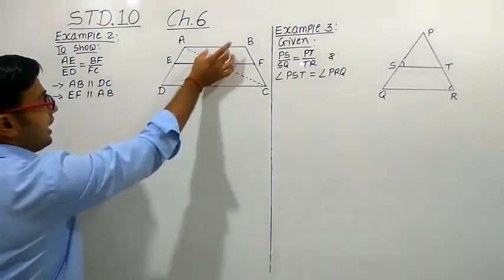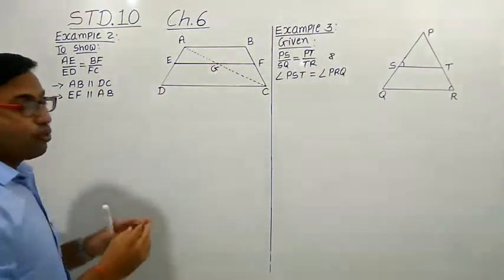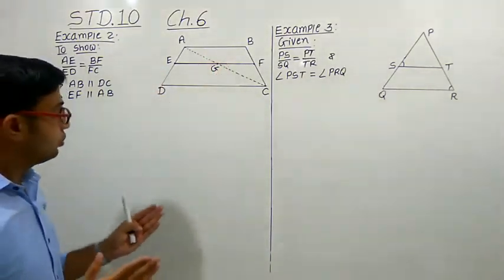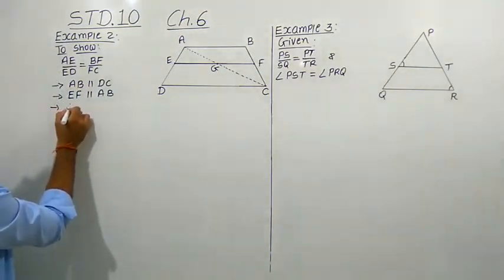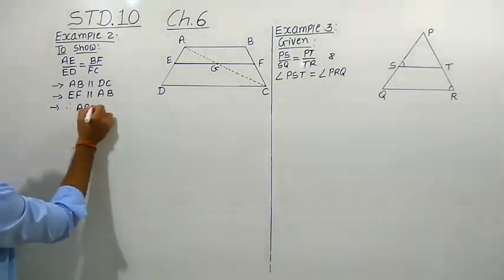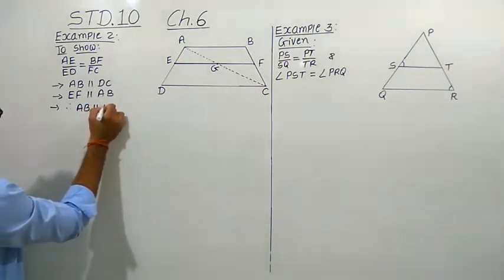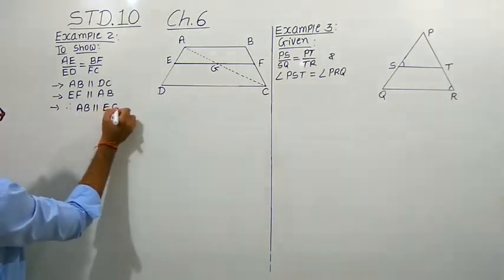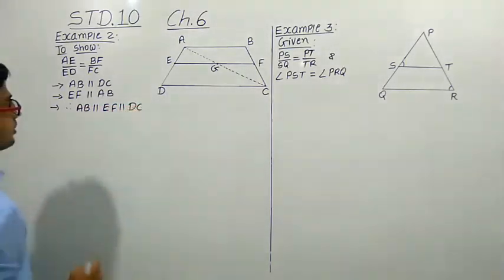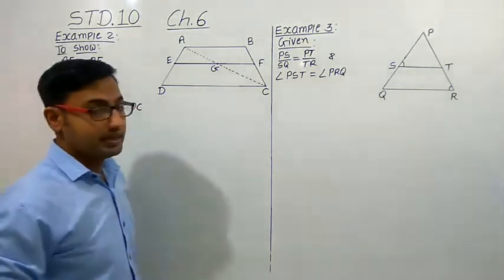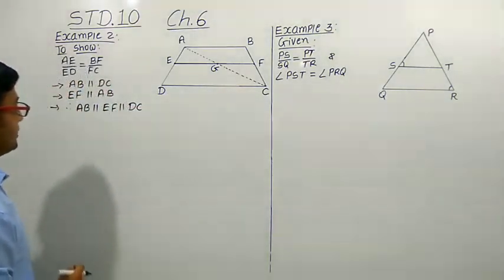So in short, AB, EF and DC are all parallel to each other. We can write the statement: AB is parallel to EF is parallel to DC. All three lines are parallel to each other.